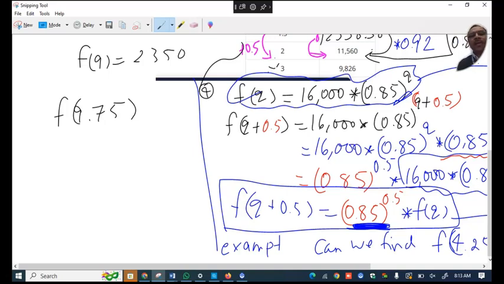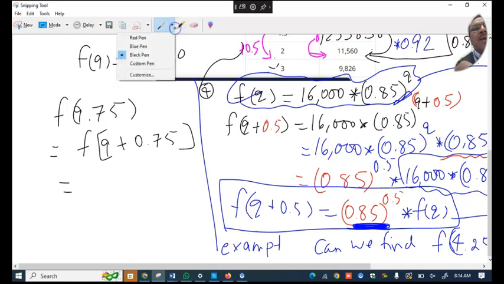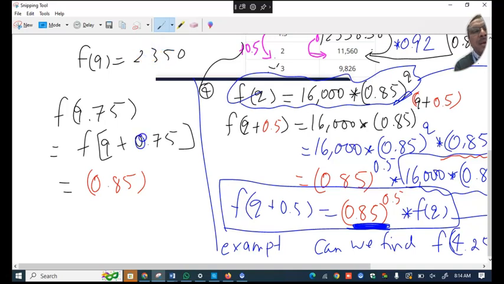So what's the trick? Write this as f of 9 plus 0.75. And then you say, okay, for every increment of 1 year, the decay factor was 0.85, and you raise it to the fraction part, the fractional input, which is 0.75, and then you multiply by f of 9, which you already know.